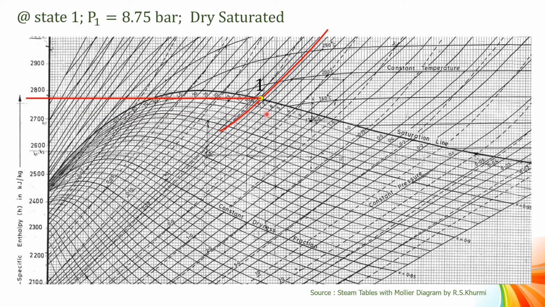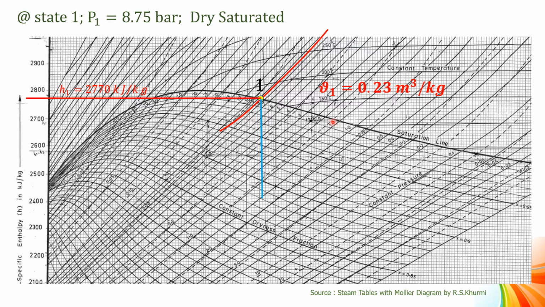So now measure the enthalpy value of point 1 from the y-axis and written as H1 equal to 2770 kilojoule per kilogram. Then we have to find out the value of specific volume at point 1. Specific volume V1 equal to 0.23 meter cube per kilogram.